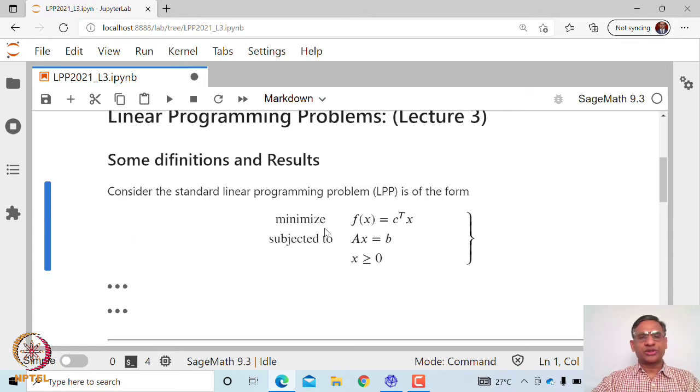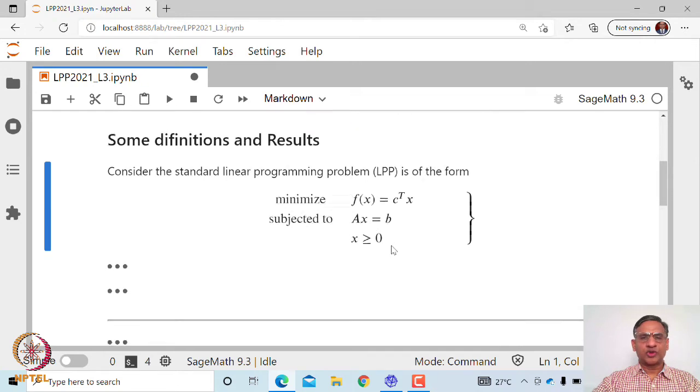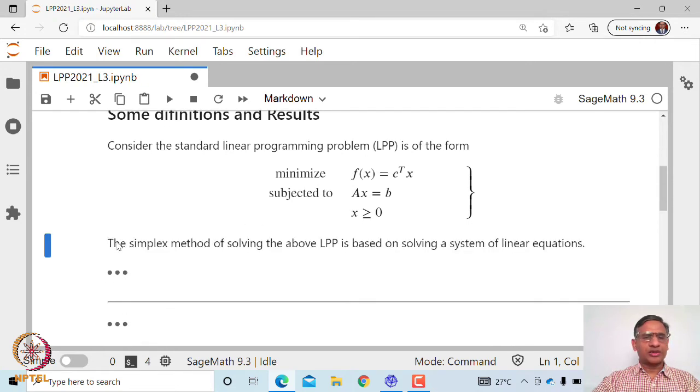So this is what we are considering as the standard linear programming problem, which is of minimization type, subject to the equality constraint Ax equal to b, where x is non-negative and the right hand side b is also non-negative. We are also making the assumption that this matrix A is of full rank.